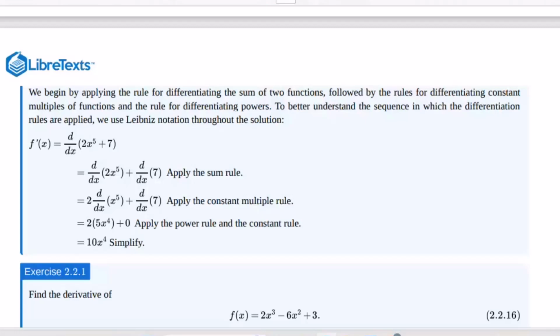Please find the derivative of f of x, which is equal to 2x cubed minus 6x squared plus 3, in less than a minute. When you are done, you can share your answer. Already done.